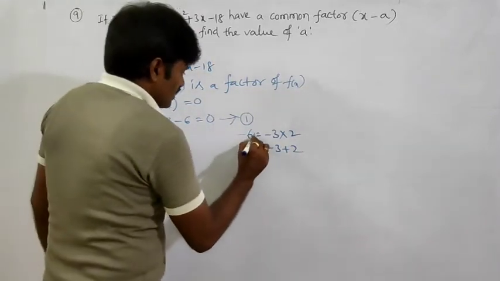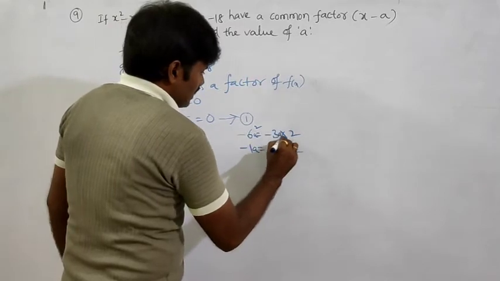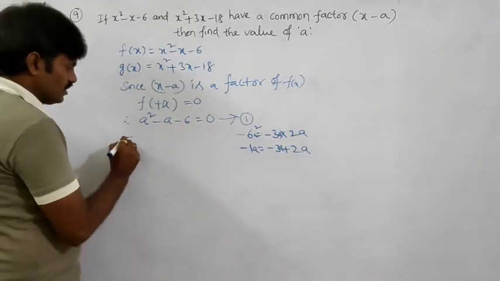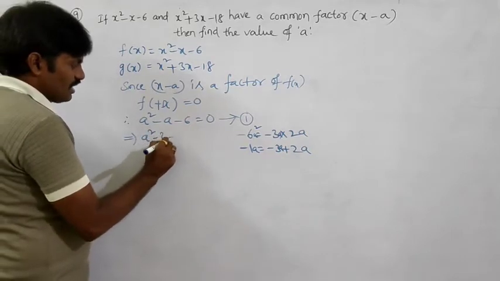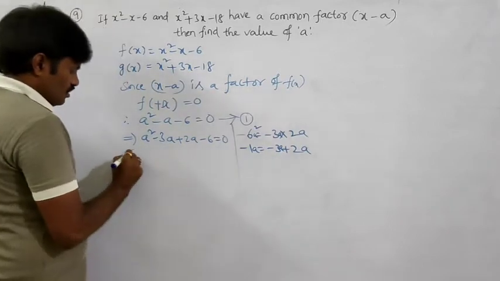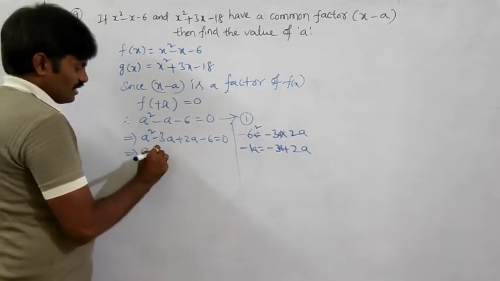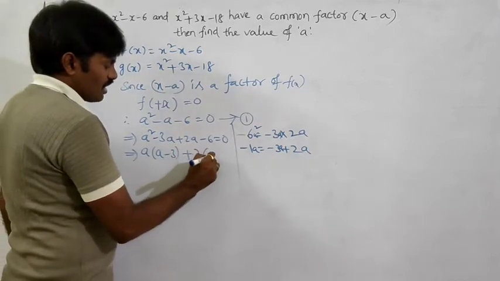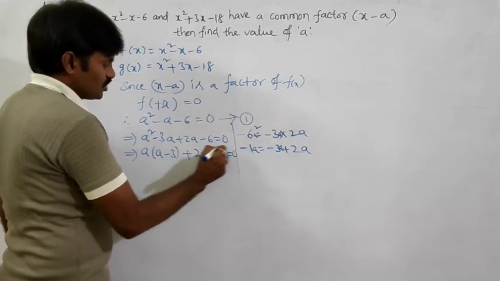So write here a square, here a, then minus 3a into 2a, minus 3a plus 2a. So a square minus 3a plus 2a minus 6 is equal to 0. Take out common factor a. Remaining factors are a and minus 3 plus 2 here. To take out common factor a minus 3 is equal to 0.